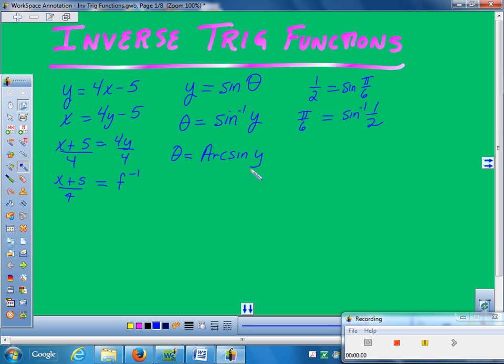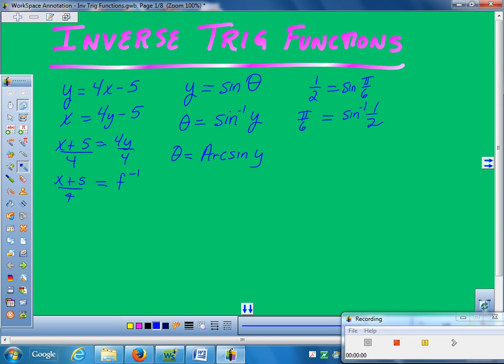It means the exact same thing as inverse sine. They're identical. It's just two different notations. Different textbooks use different notations. Your book uses both, and my worksheet mixes it up so that you get used to seeing both. I've had calc books that go one way and then the next calc book goes the other way. So you have to recognize that both mean inverse. That's all that is.